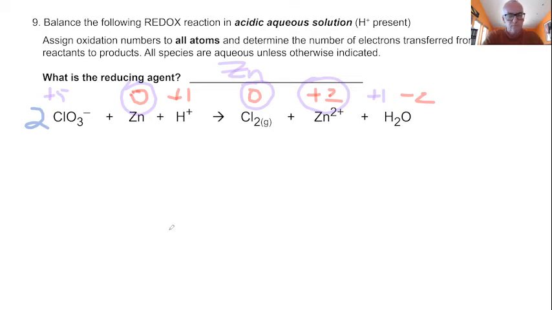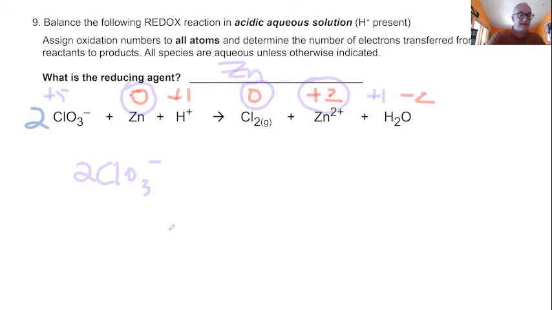Two ClO3 minus goes to Cl2. Right. So does that involve adding electrons or removing electrons? Adding electrons.